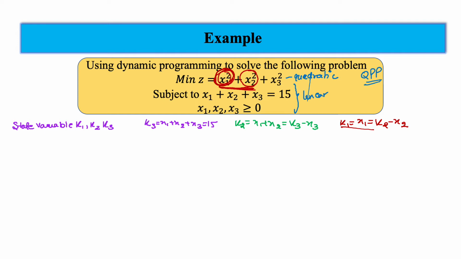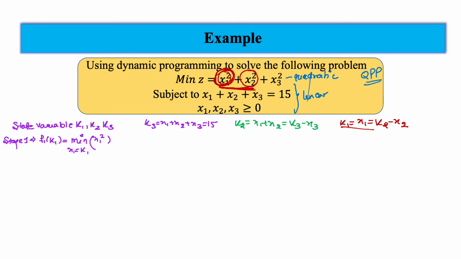So in stage 1 we have f1 k1, which is net output from stage 1, the net minimization problem which we obtain in stage 1. So it is x1 square subjected to x1 is equals to k1.